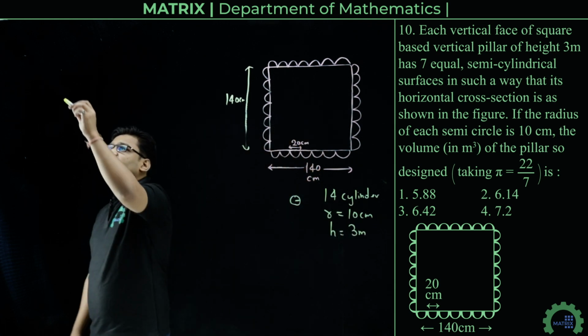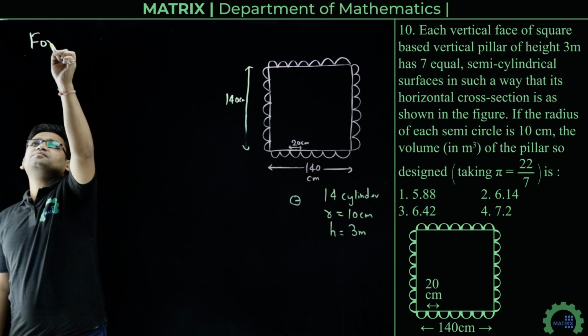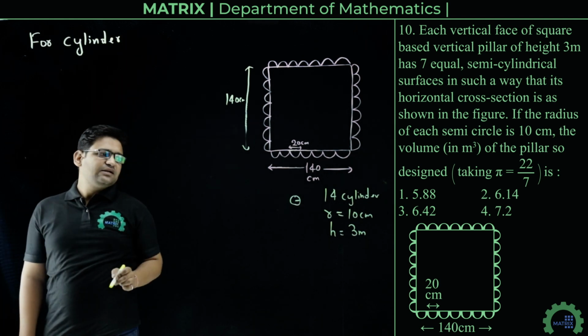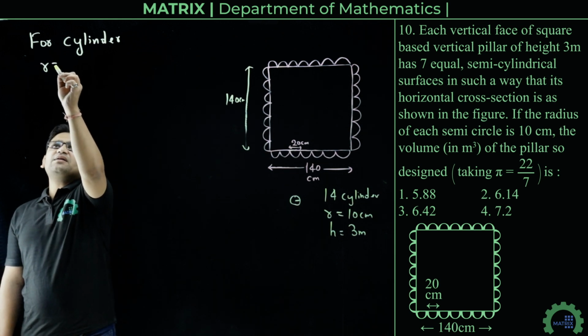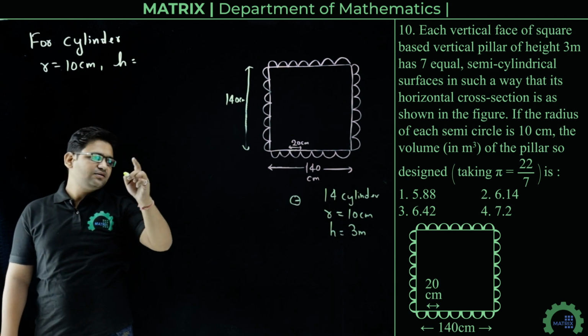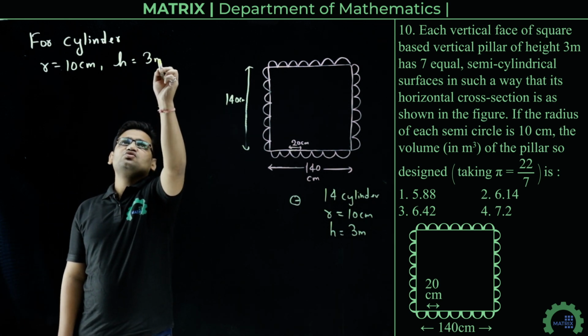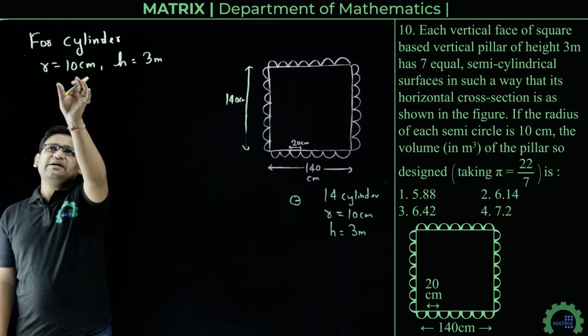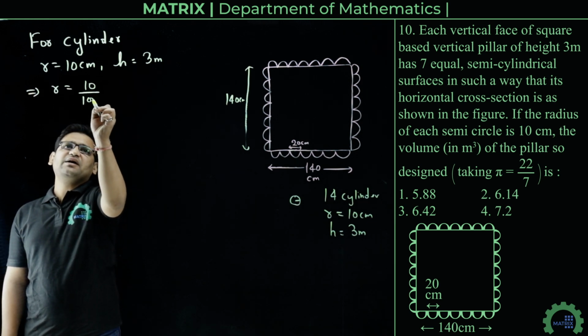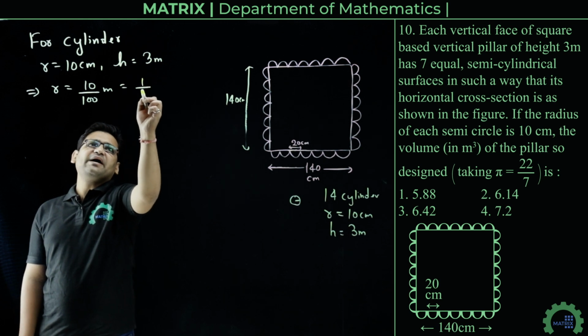So for cylinder, radius is 10 cm and height is 3 meter. We have to convert radius into meter. So r is equal to 10 by 100 meter, that is 1 by 10 meter.